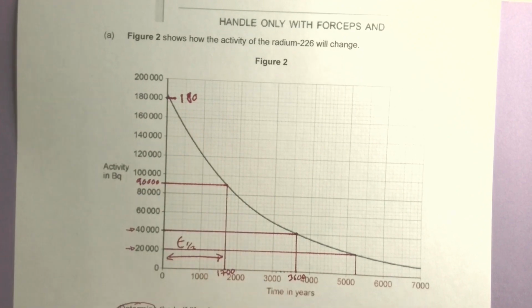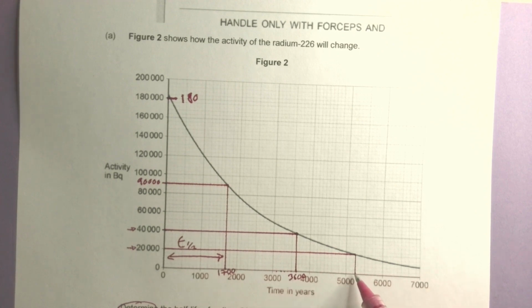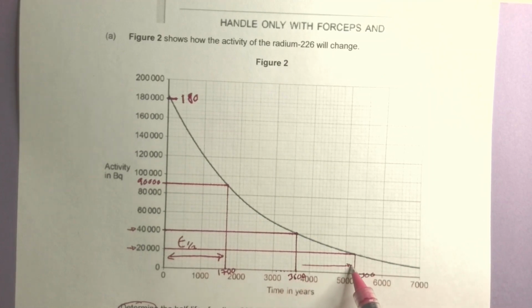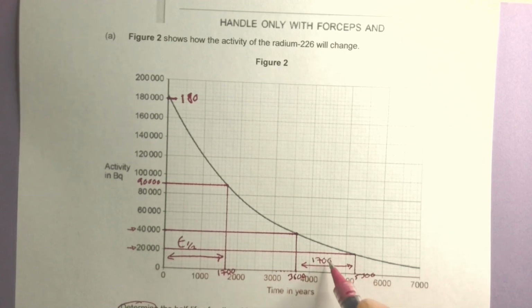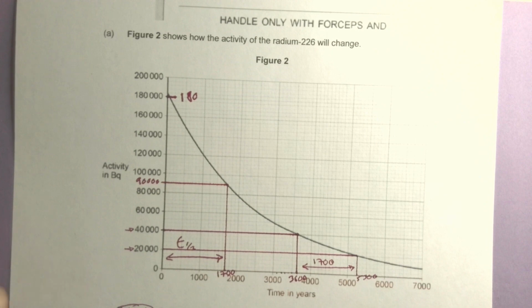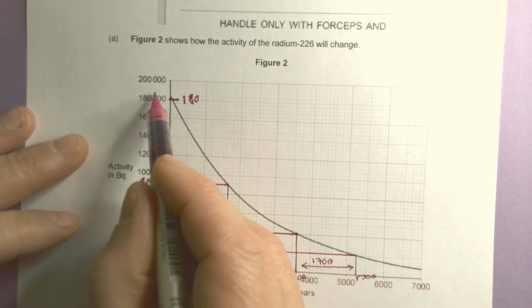I'm hoping 3,600 plus 1,700 should take us to 5,300. Let's see, 1, 2, 3, perfect. 5,300, which means the gap between there and there is also 1,700.